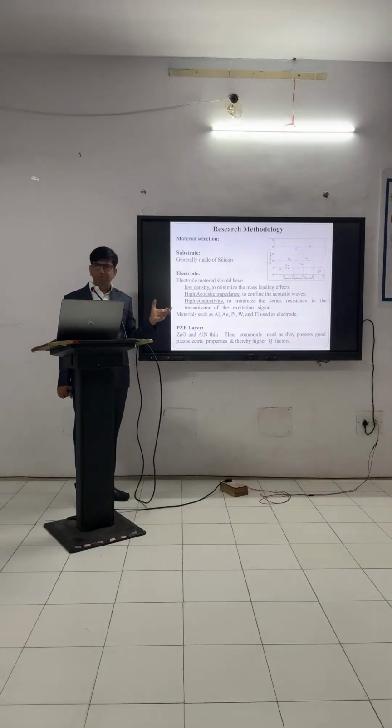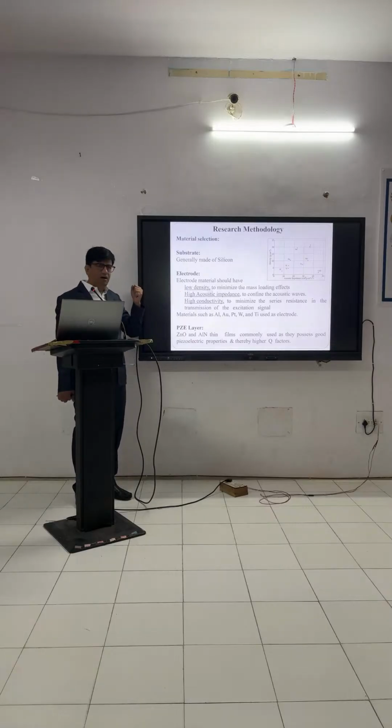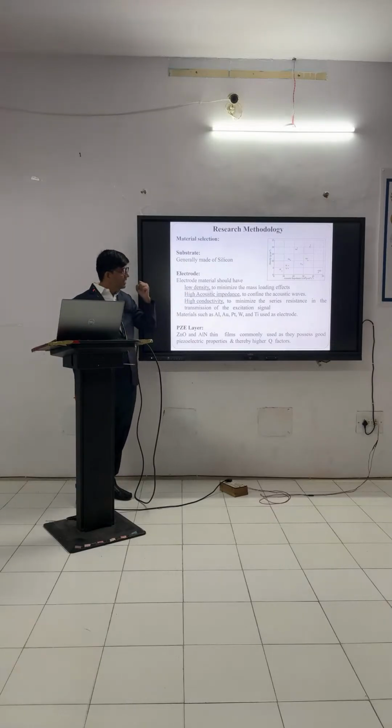So first, selection of substrate. We do not have so many options for selection of substrate. We have a silicon substrate. Clear? Then we have electrode selection. Depending on what kind of application you want, you have to think about your electrode. What we expect in our electrode: it should be low density to minimize the mass loading on my resonator, high acoustic impedance to confine my acoustic signal, and high conductivity to minimize the series resistance in the transmission of the excited signal.